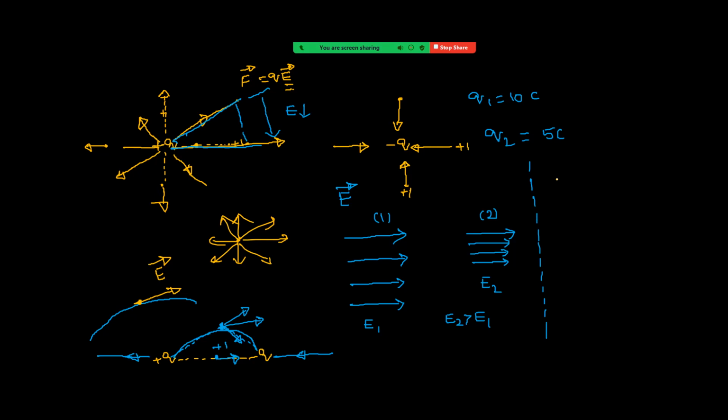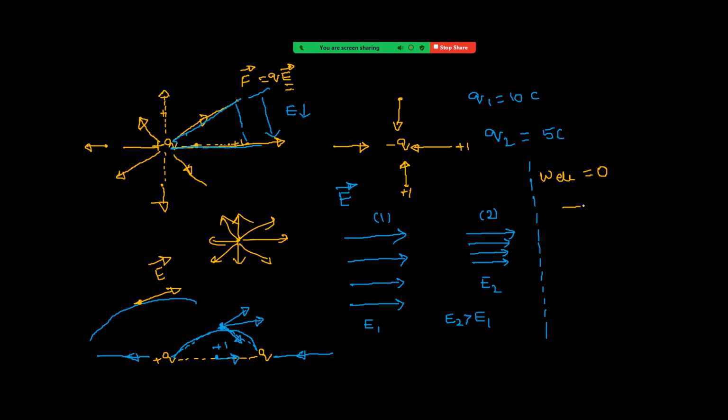Since the electric field is conservative, the work done by the electric field in a closed path should be zero. What is it? The work done by the electric field in a closed path should be zero, because the electric field is a conservative field.